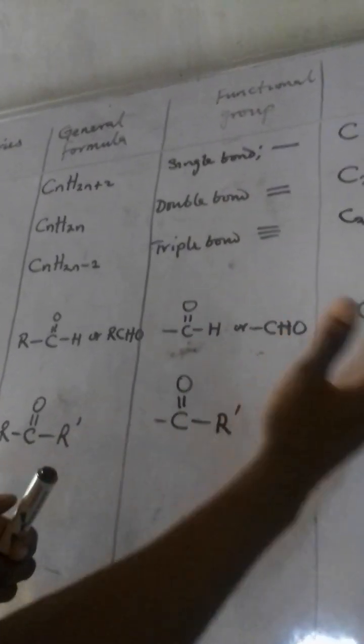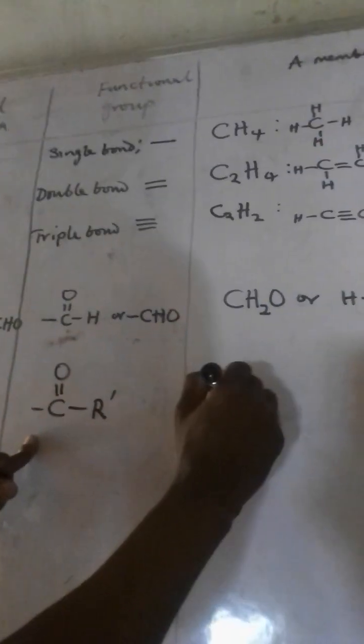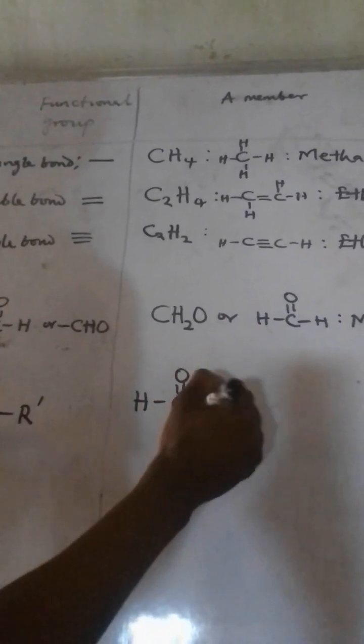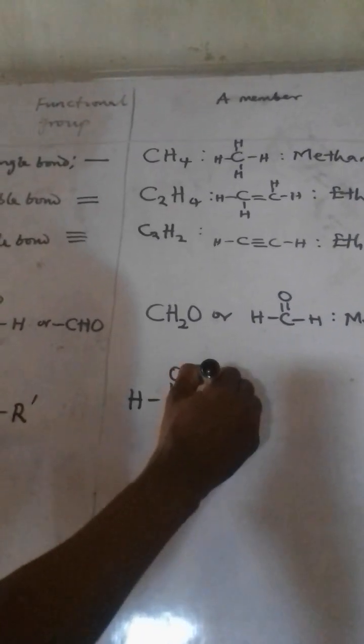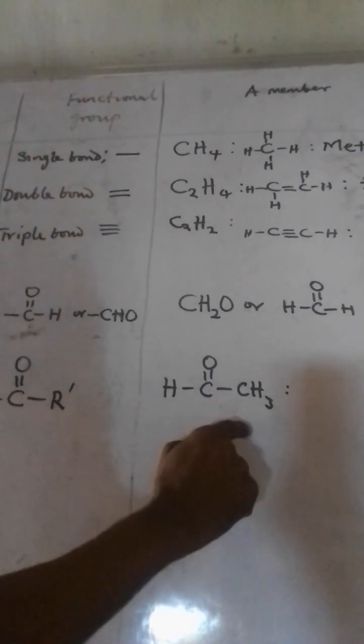So we continue. A member, we can use H, C, O, and put any alkyl group there, CH3. So it's a member. What do you call it? If you use this, you find out that you have gotten alkanal and not alkanone.